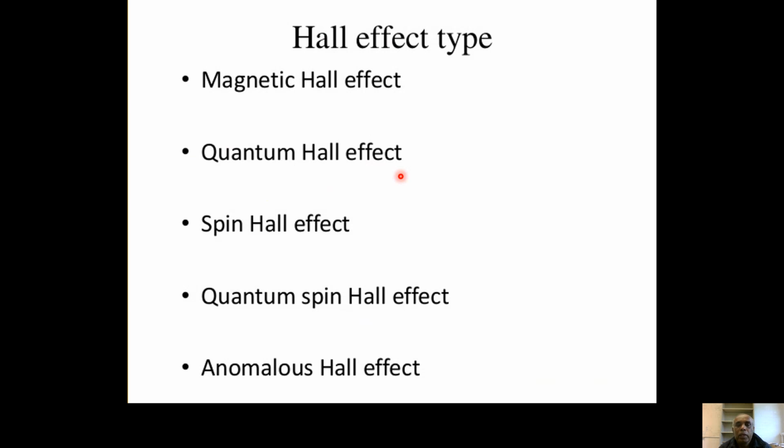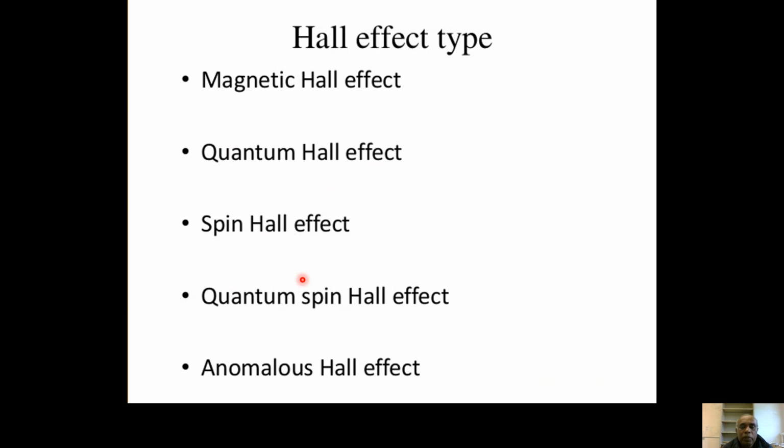Later they found you don't have to have a really strong magnetic field. With spin orbit coupling, you can have something called the spin Hall effect. Then they discovered an even stronger one, the spin Hall effect with some quantum aspect, which we call the quantum spin Hall effect.